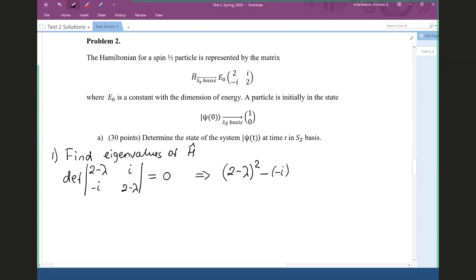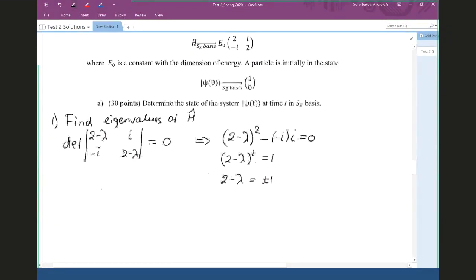Negative i times i, and this equals 0. So we end up with 2 minus lambda squared equals minus 1 times minus 1, so it's going to be equal to 1 on the other side. Now we can take the square root of both sides, so 2 minus lambda equals plus or minus 1, and that means that lambda equals 2 plus or minus 1, which is 3 and 1.